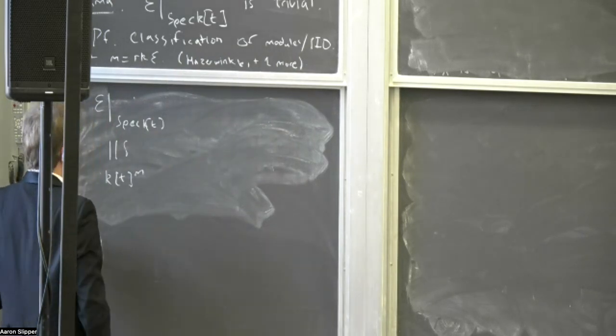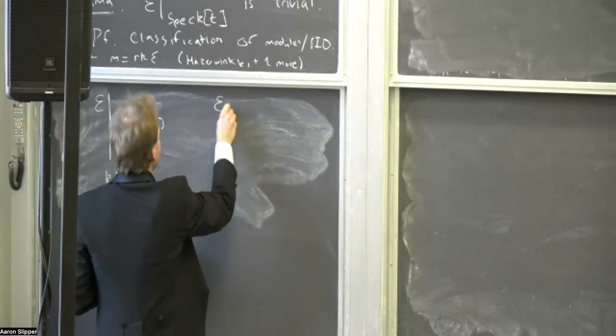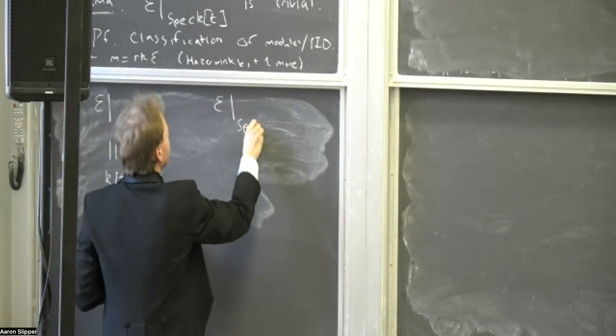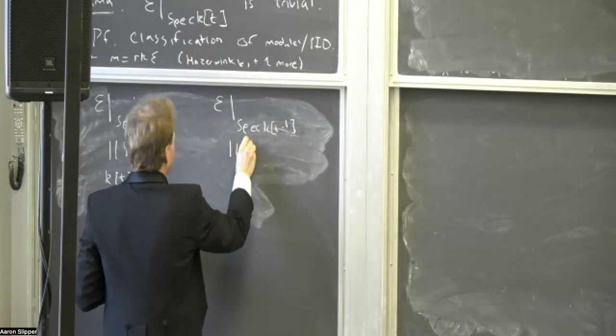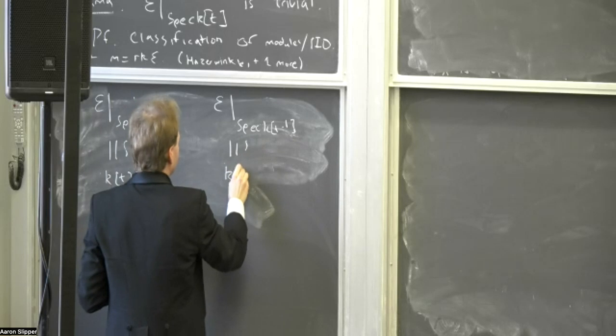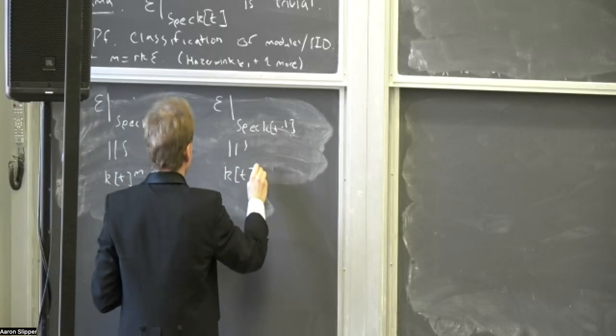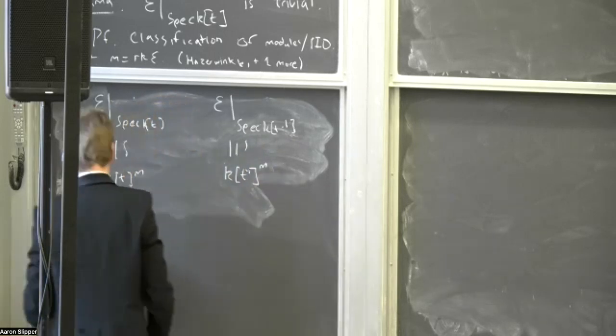So this is trivialized in this way. You can also restrict it on the other, negative open set, and it's of course isomorphic to K[T inverse]^m in the end.